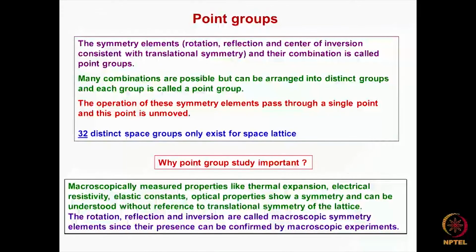So, essentially, a point group is the set of various symmetry operations like rotation, reflection and center of inversion, consistent with translational symmetry, and their combinations are called point group symmetry. Many possibilities exist, as I mentioned, but distinct ones are only 32.